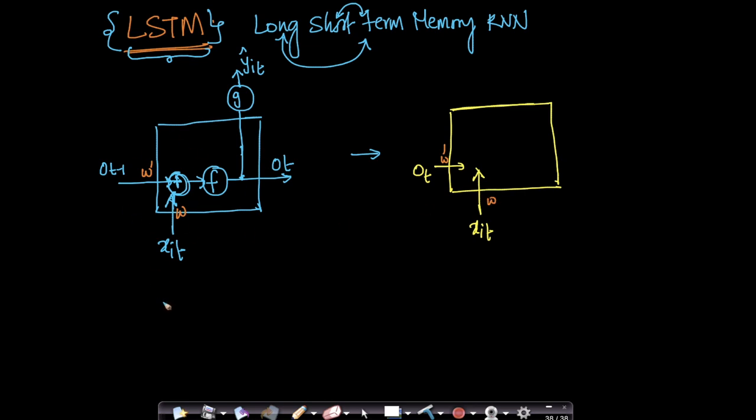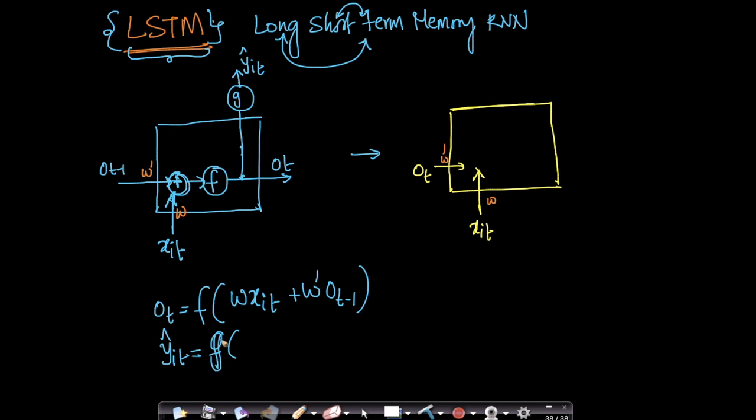My O_t is F of W multiplied by X_it plus W' multiplied by O_t-1, and my y_it hat is G of W2' times O_t, so I also have weights W2' here. This is the model that we have seen earlier.